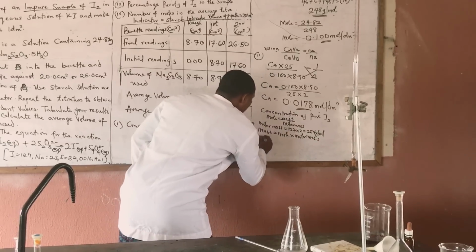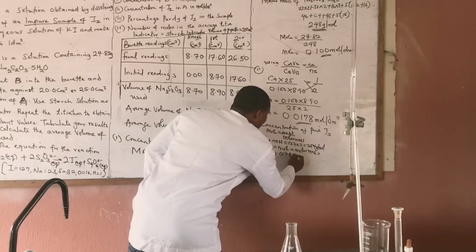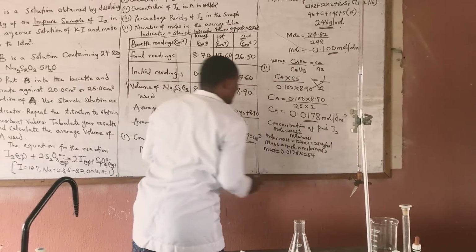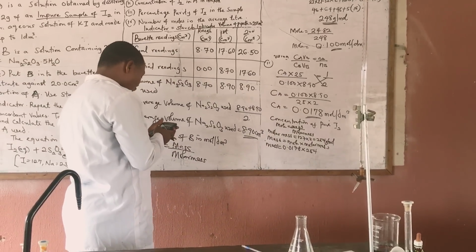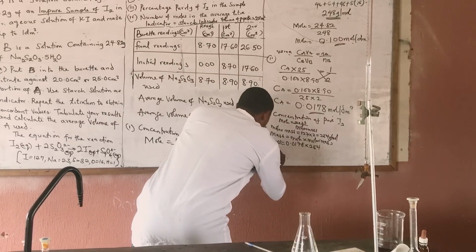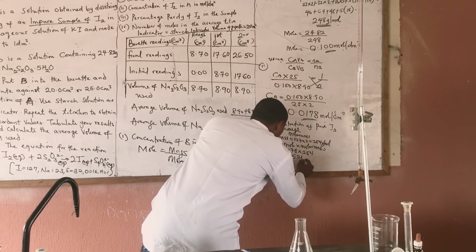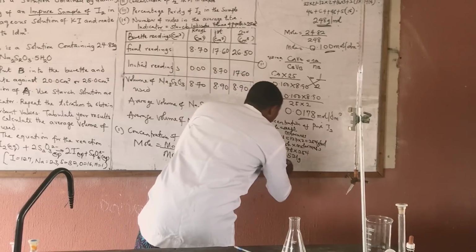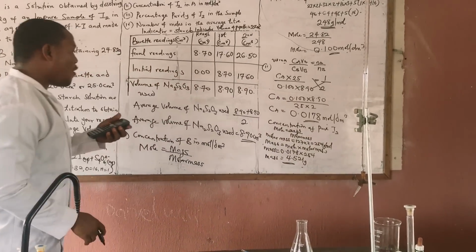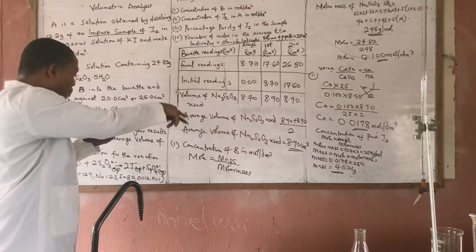So from here, mass will be equal to, what is the mole? 0.0178 times 254. So let's see what the mass is going to look like. The mass here is 4.521 gram. You can see that now. 4.521 gram. That's the mass of the pure.